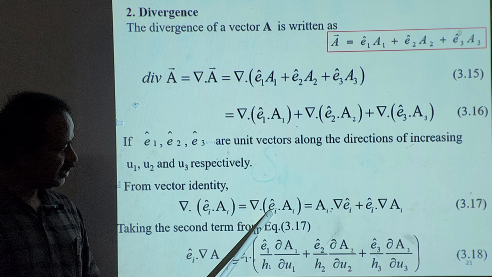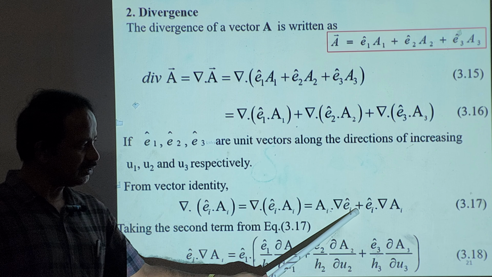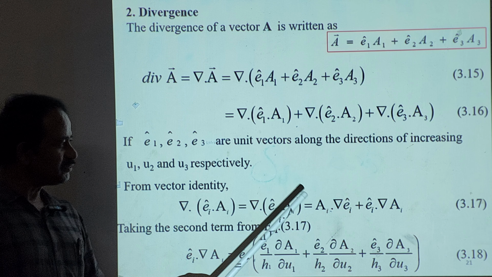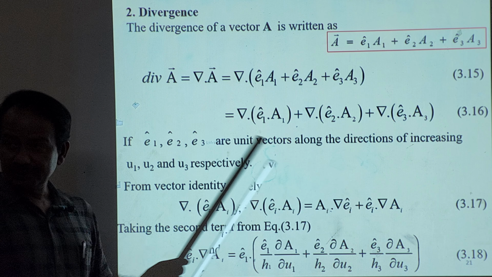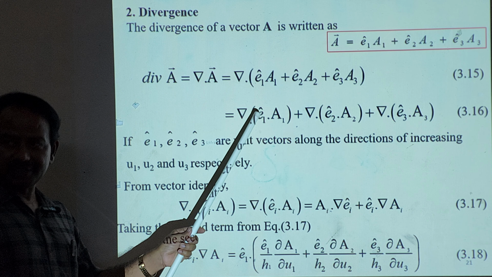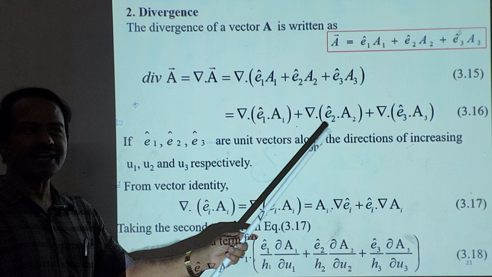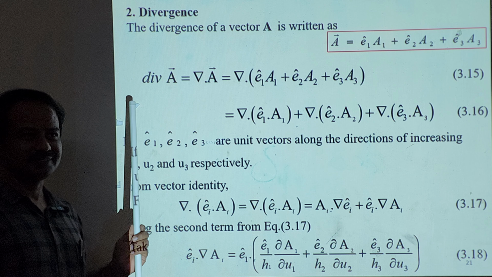First we will go with EI dot del AI. See, our aim is to find the expression for each of these. We are going to add all those things, and we will get the answer as del dot A, which is asked.